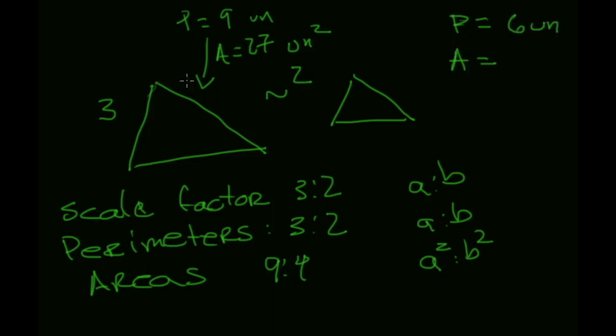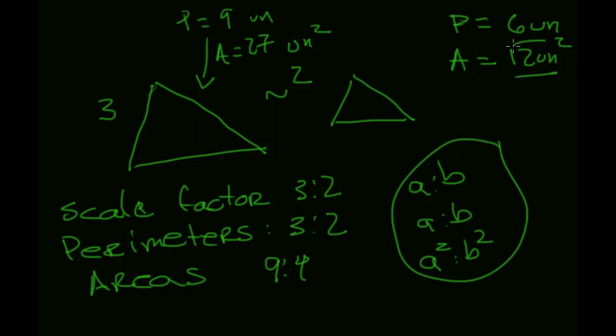And the area of this, so let's see, 3 squared is 9. 27 divided by 9 is 3. And 4 times 3 is going to be 12 units squared. So these are kind of quick, handy ways. If you're given the perimeter of one and the area of one and you have the scale factor and you know that they're similar, you can get the perimeter and area of the other one.